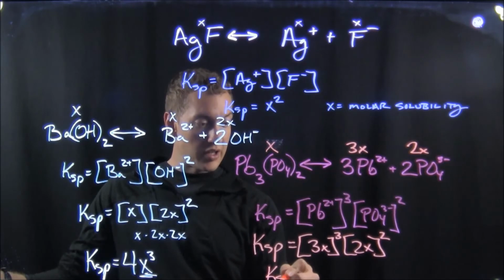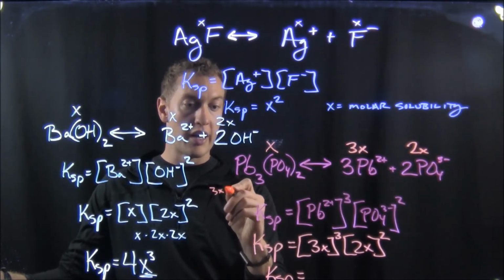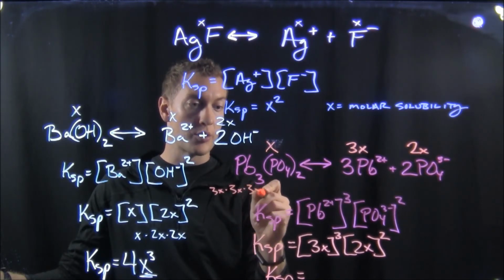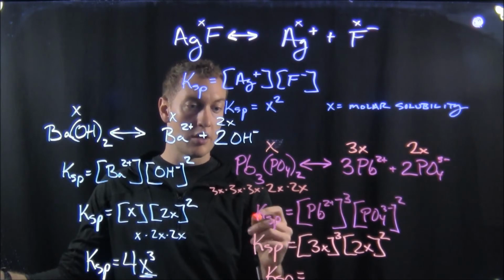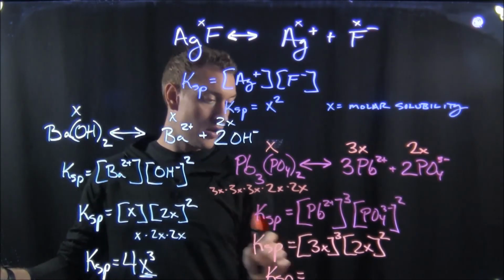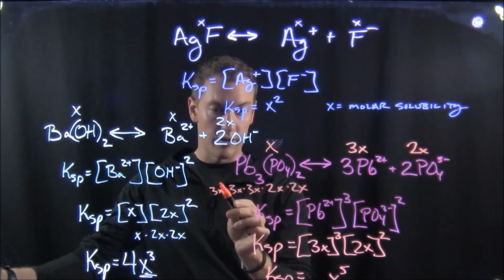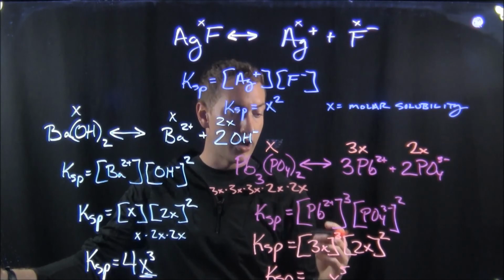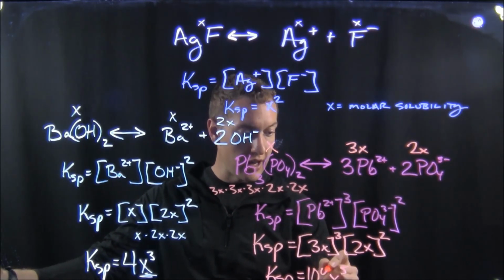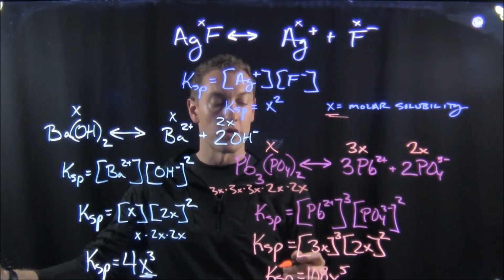And so KSP here would equal 3x times 3x times 3x times 2x times 2x. So that gives us 3 times 3 times 3 is 27, times 2 times 2 is 108, 108 x to the 5th, where again, X equals the molar solubility.